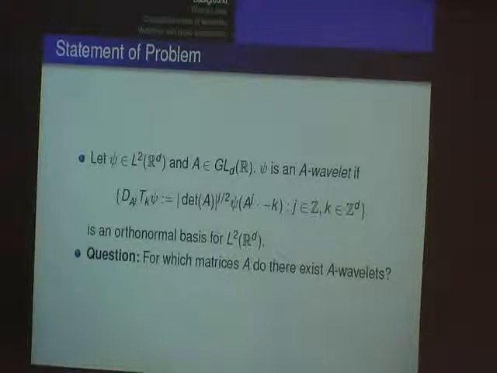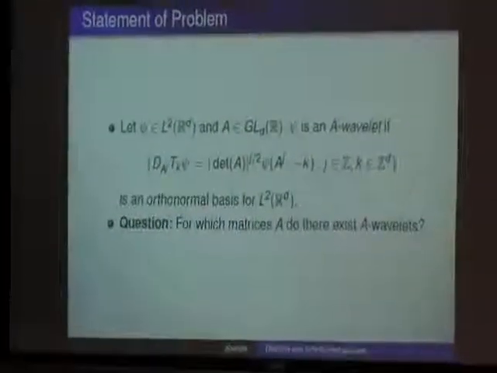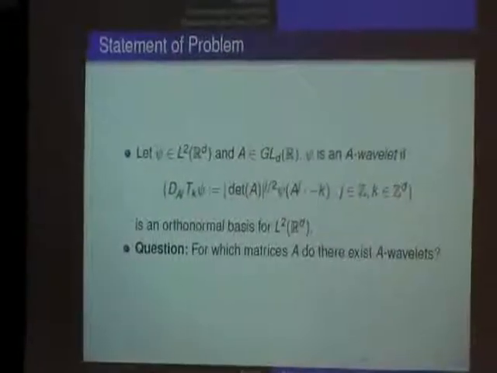This is more general than many of the ways we think about it, because I'm not even assuming that we have integer matrices, or that the determinant is not equal to 1. I'm just not assuming anything about the dilation here.